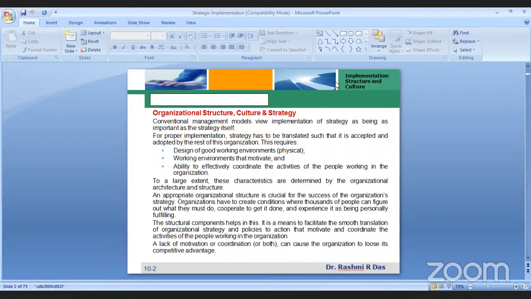Second, the working environment has to motivate people to work more. Then the last one is the ability of the people to coordinate with each other, which is the work of a good organization.